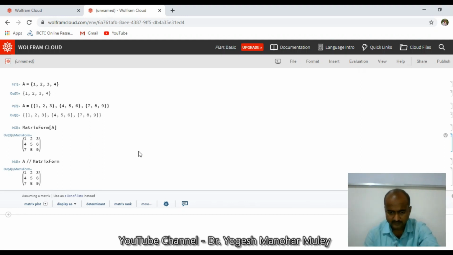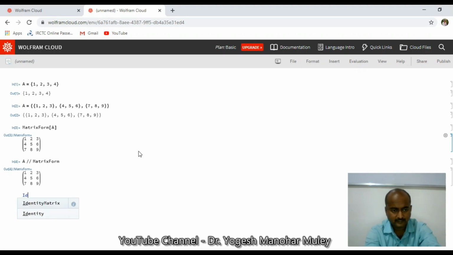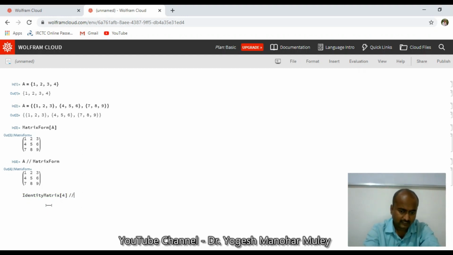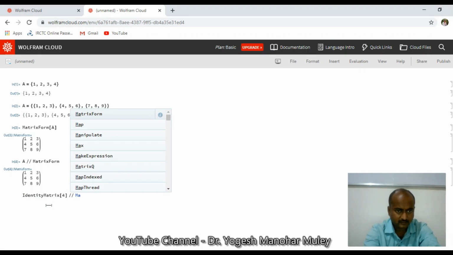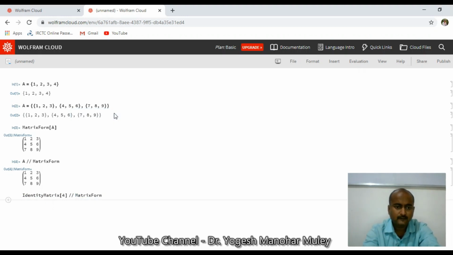So after this we'll prepare an identity matrix. Okay, we'll directly write IdentityMatrix, and for this we have to give the order, 4, and this should be in the matrix form. So I'll give MatrixForm and shift enter.